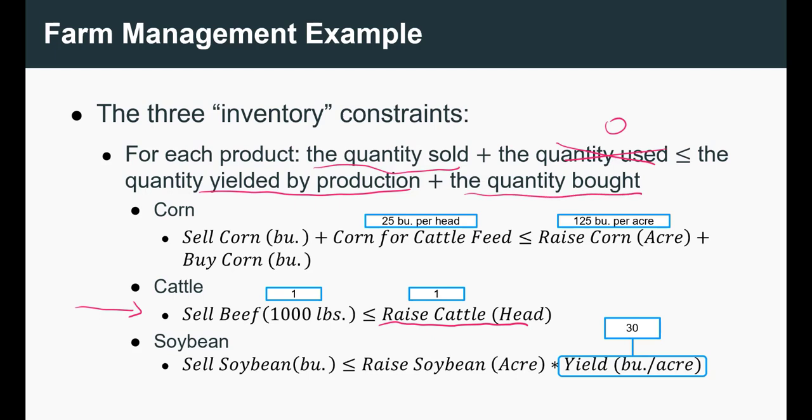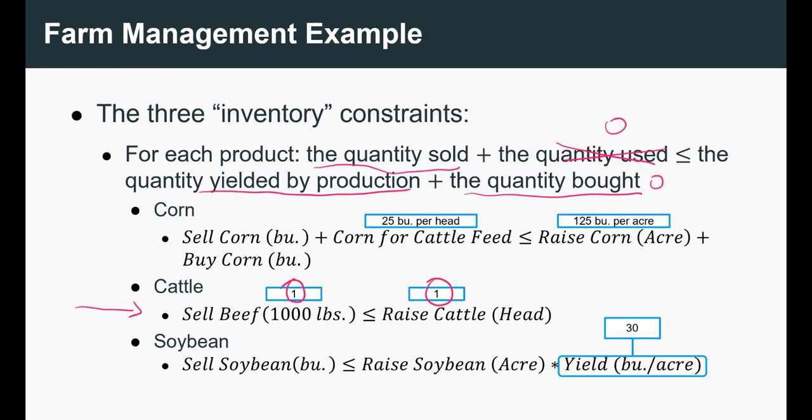And again, for the cattle product, there's no quantities bought, so this is also 0. So we end up with beef sold smaller than the quantities yielded by production, and the production is with cattle. Here the coefficients are both 1.